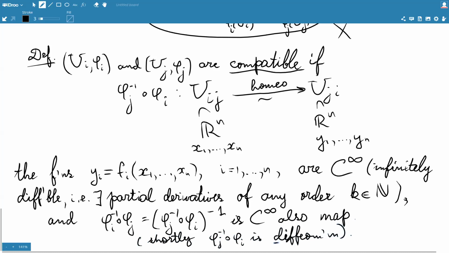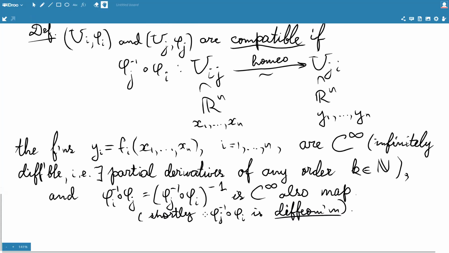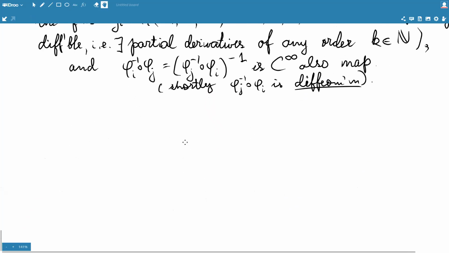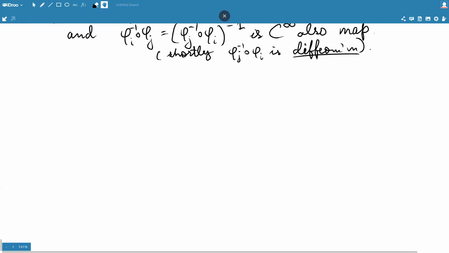Okay. Now we are ready to define what is a smooth manifold. Before we do this, we only should give the definition of the atlas.